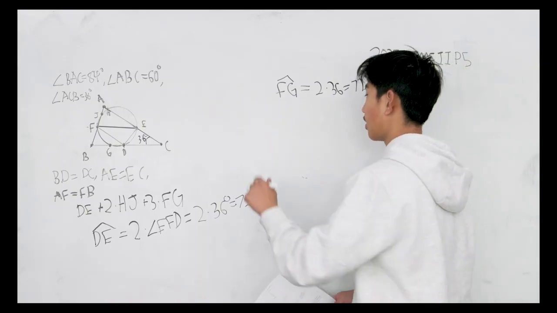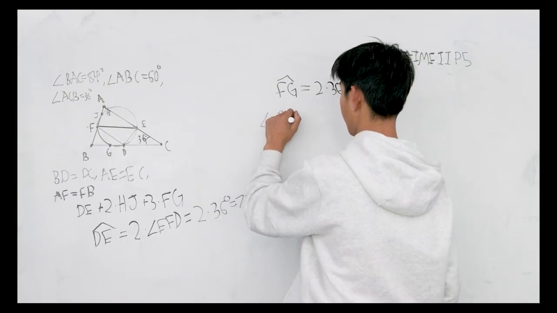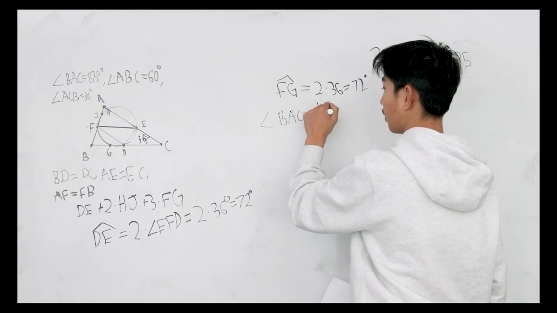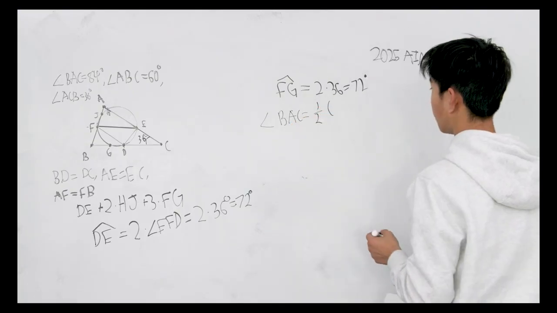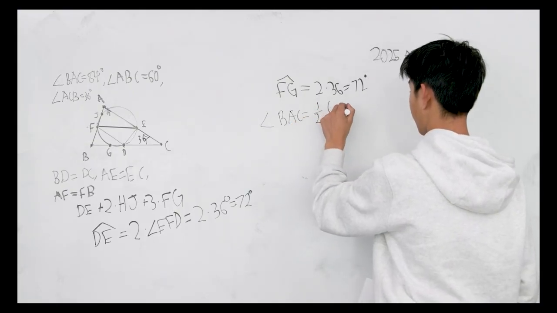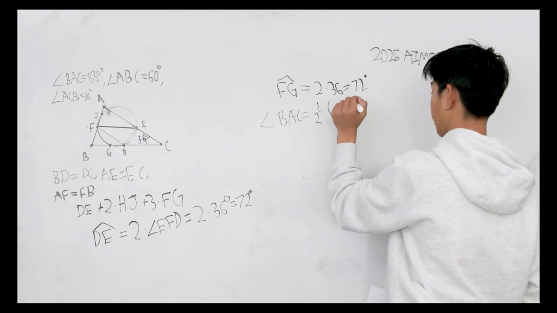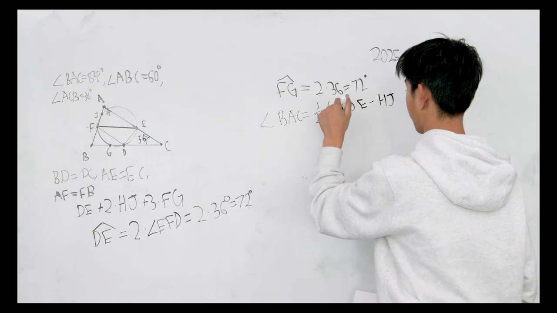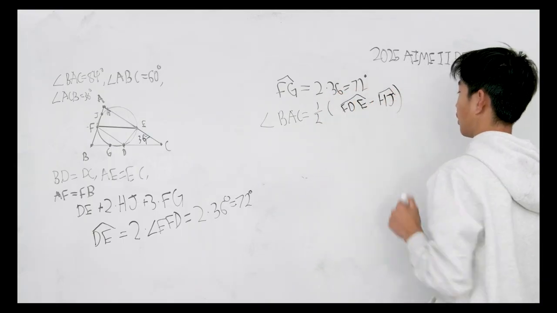We know that angle BAC is equal to 1/2 of arc FDE minus arc HJ. We're not doing angles, just arcs.